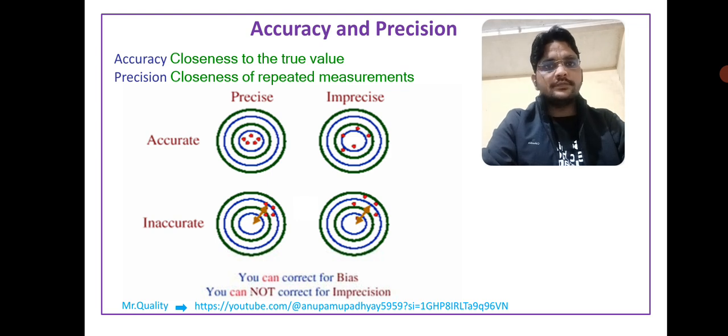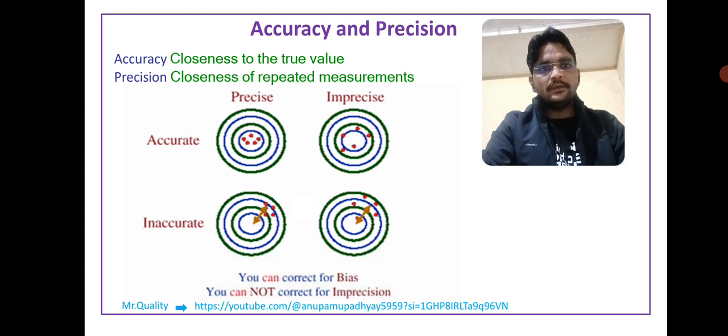Looking at the examples, in the first diagram all the measured values are near the center, near the true value, near the mean, so it is accurate, and each measurement is very close to another, so it is precise. The first diagram is accurate and precise.